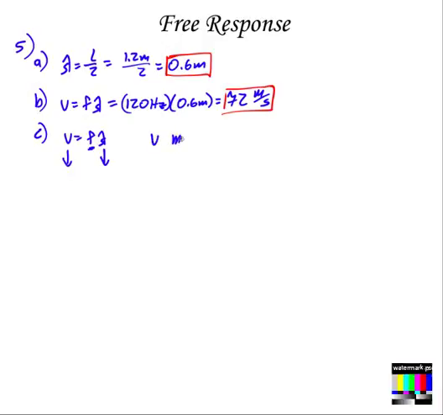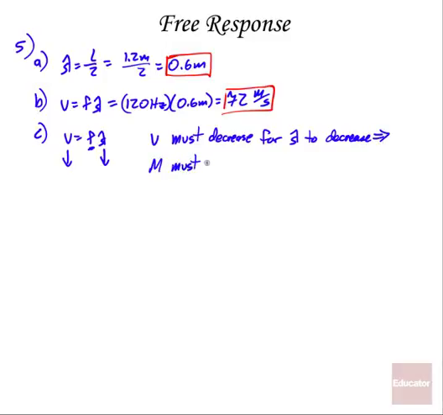So velocity must decrease for wavelength to decrease, which implies then that the mass must decrease in order to reduce the tension. And our key answer here: mass must decrease.